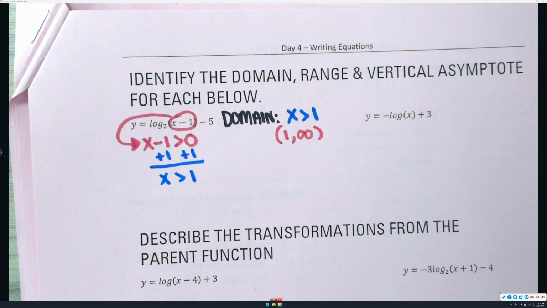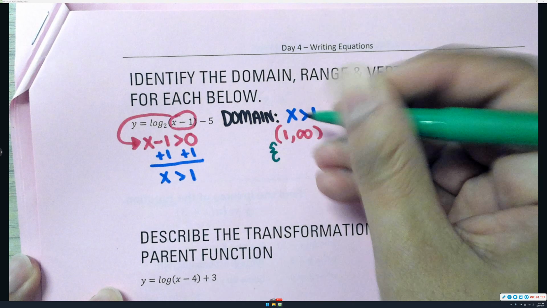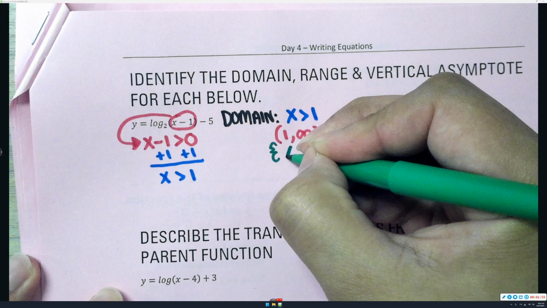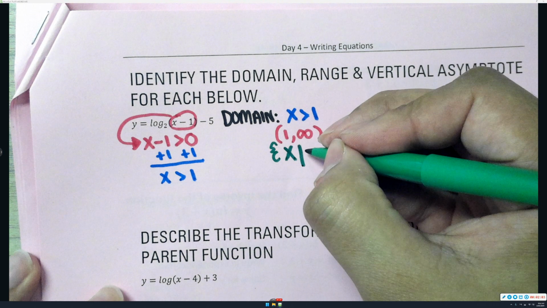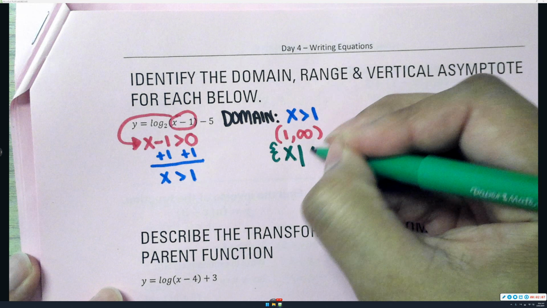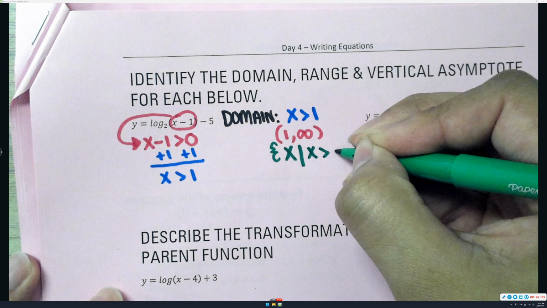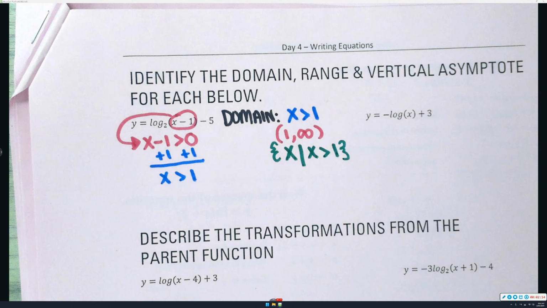That's our domain. And we also have the set builder notation, or the set notation. We have an open brace in which we have for all x's, keep in mind that this is a vertical bar. This is not a 1, it's a vertical bar. So for all x's in which x is greater than 1. So these are the three different formats for writing down the domain.